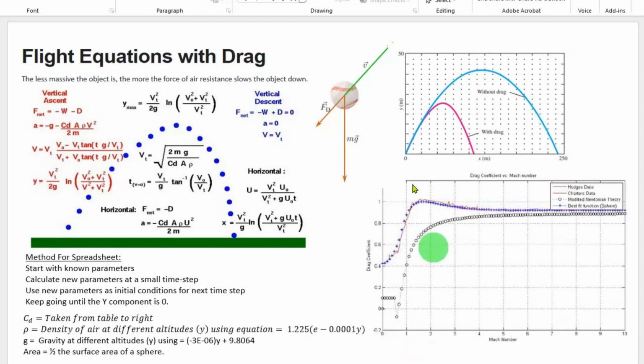So you can see, early in the 1 to 2 Mach range, this goes up really high. Down low, this could probably be a little bit lower in reality at very, very low speeds, under 100 meters per second or something like that. But as you get up in these Mach numbers, it kind of levels off at about 0.95, maybe a little bit less.